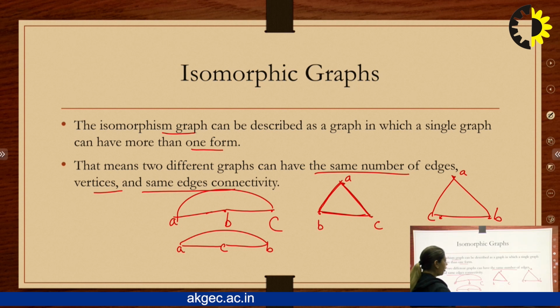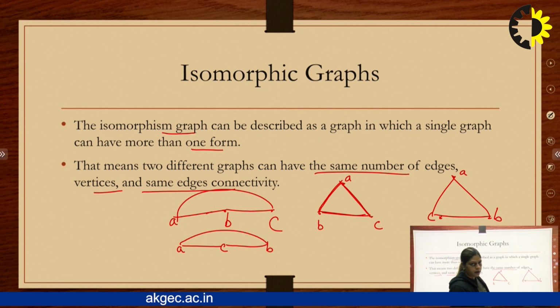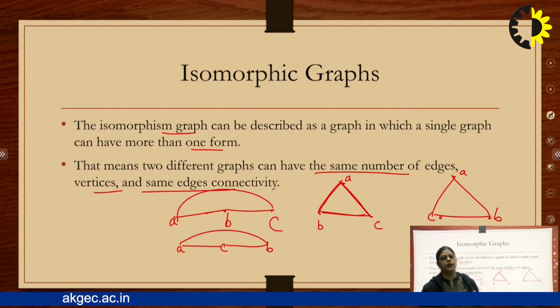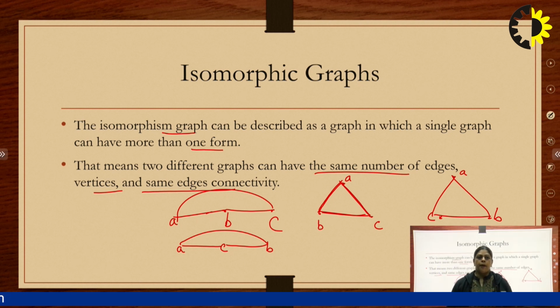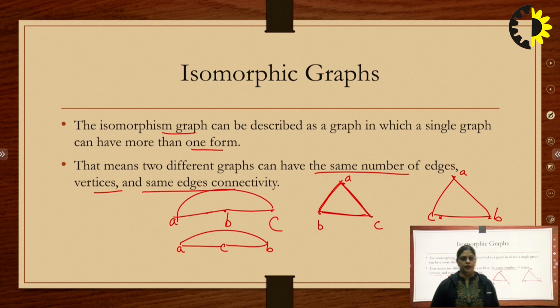So all these are isomorphic graphs because the number of vertices are the same and the edges between these vertices are also the same. We can draw a graph in a number of ways, but the number of vertices, edges and the edge connectivity should not change. Then they are isomorphic graphs.